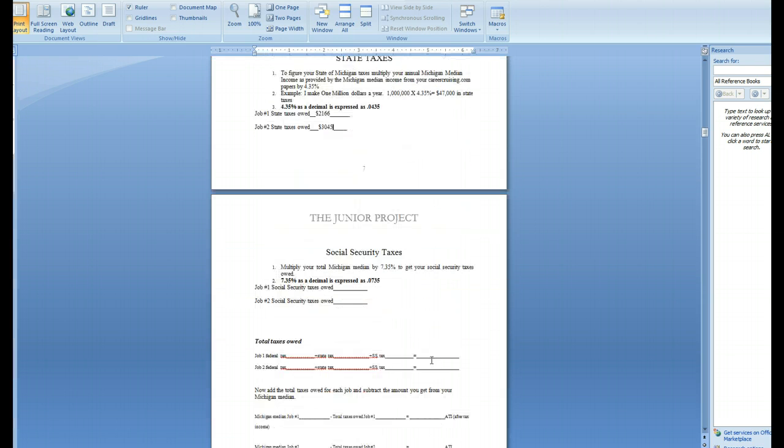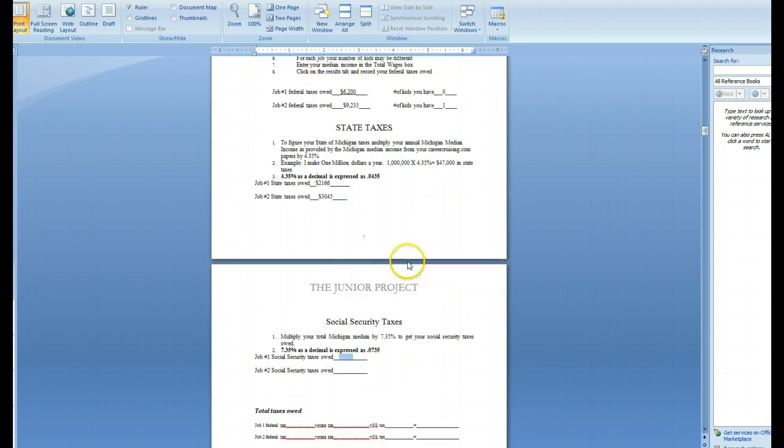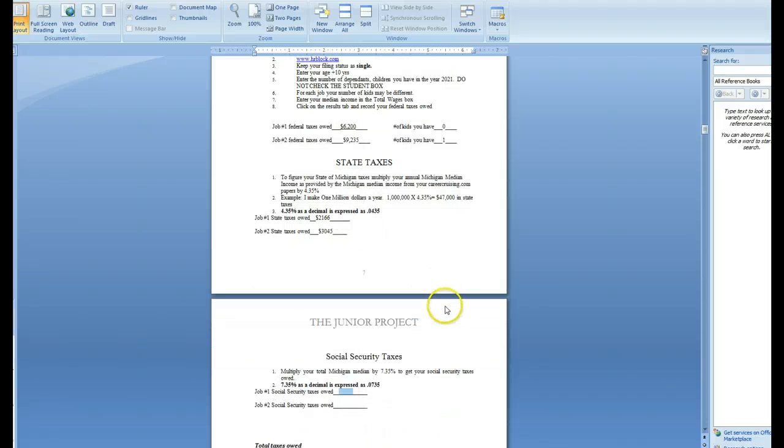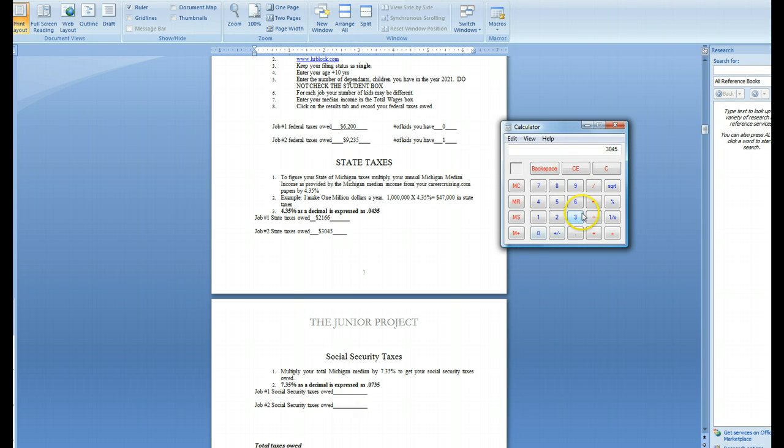So now we're going to go to Social Security taxes. Okay, we're still using the same 49,800. This time I'm going to use the decimal of 0.0735. So times 0.0735.